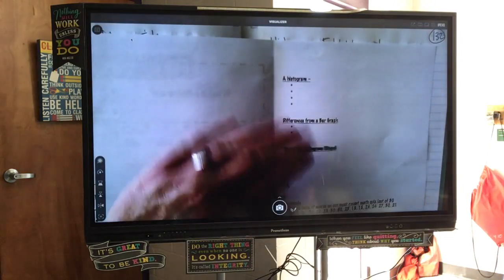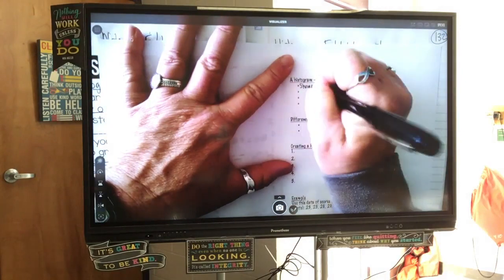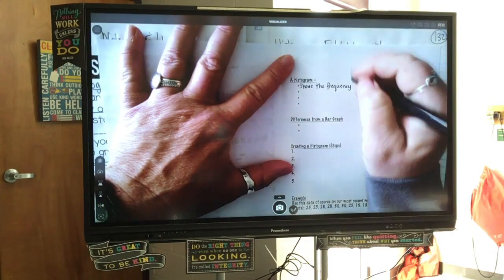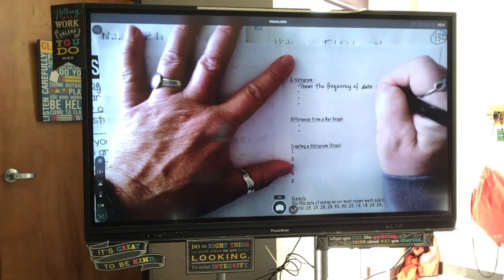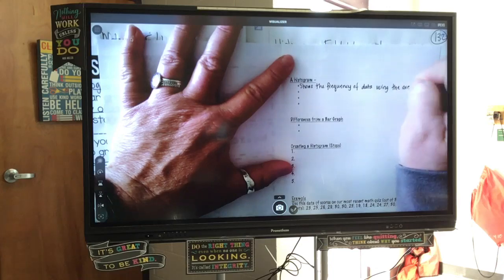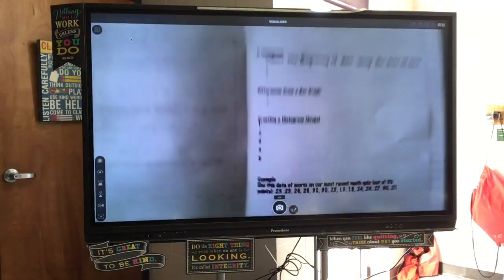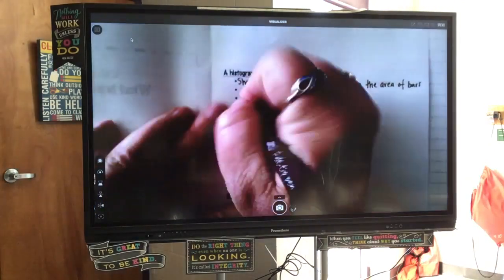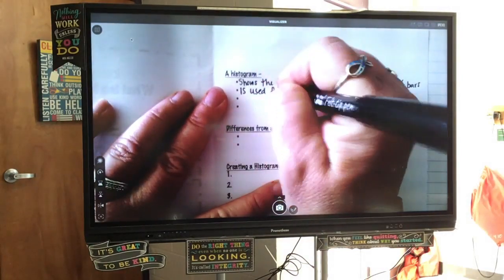Alright, so the things that we know about a histogram. So the first thing is it shows the frequency of data using the area of bars. Is used for continuous data.